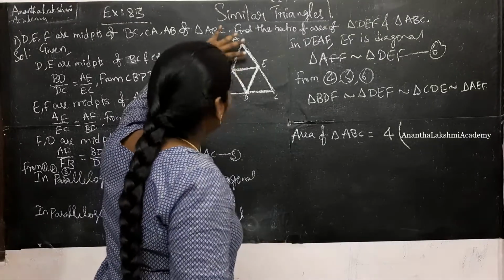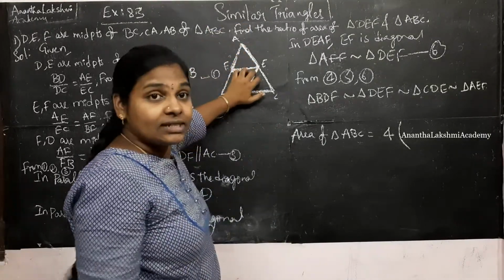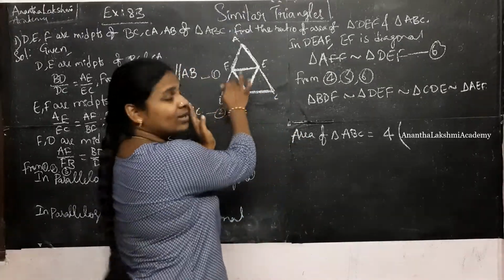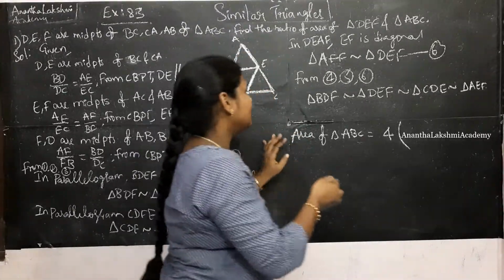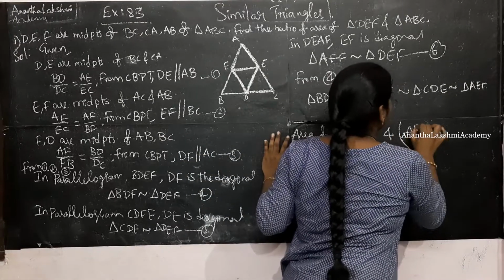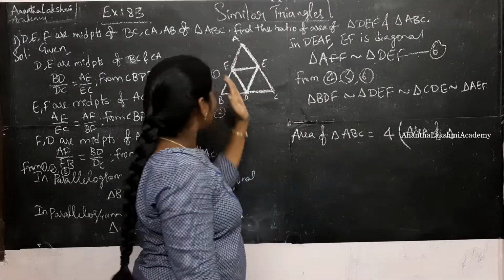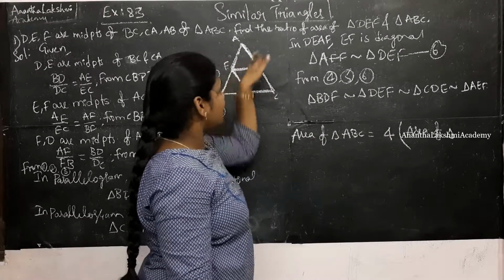We got to know that these all are forming similar triangles, and hence area of triangle ABC is equal to 4 times the area of any triangle, either BDF or DEF or CED or AEF.